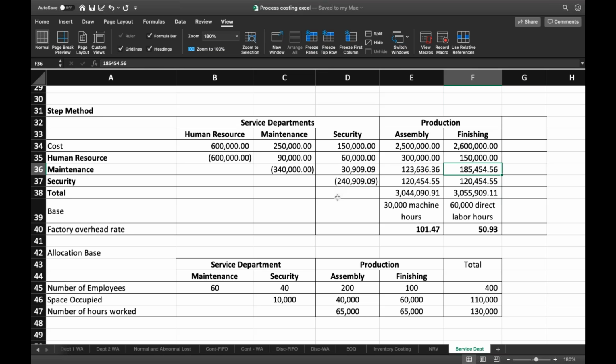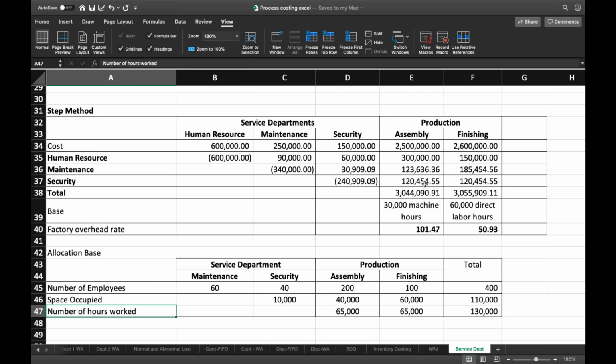And lastly, for our final step, we will now allocate the total cost from security, that is 150 plus 60 from the human resource and plus 30,909.09 from the maintenance for a total of 240,909.09. And you will be using number of hours worked.